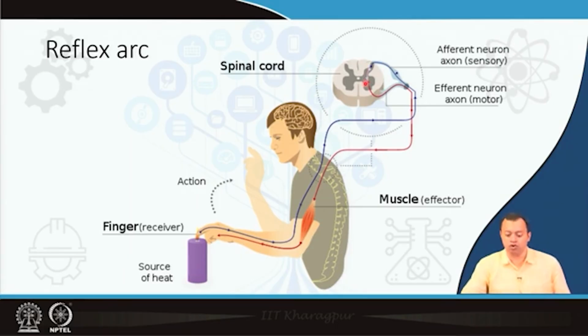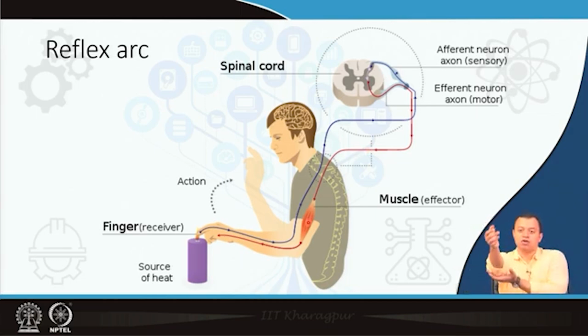These are the local neurons. Certain neurotransmitters, specialized molecules, are passed from the afferent neuron to the interneuron. The interneuron then passes another type of neurotransmitter, specialized molecule, to the efferent neuron, the red color, and it returns back and attacks the muscle in your hand, which results in the jerking movement.